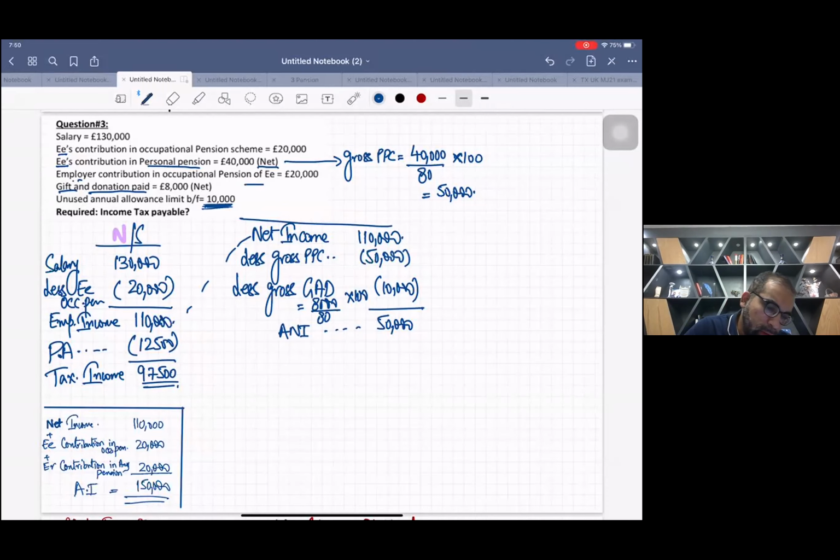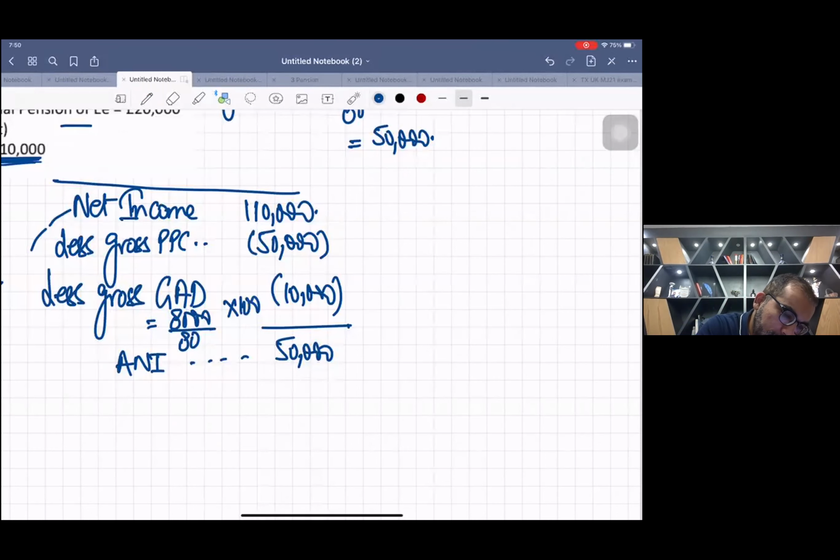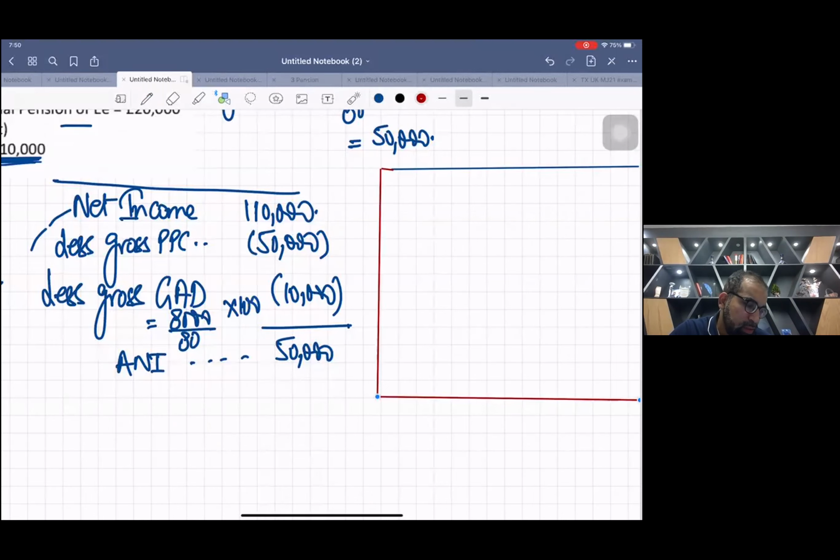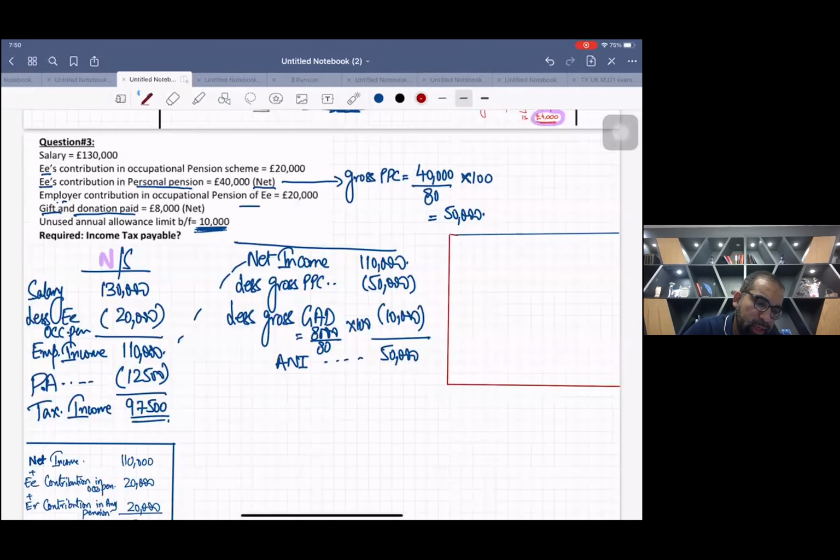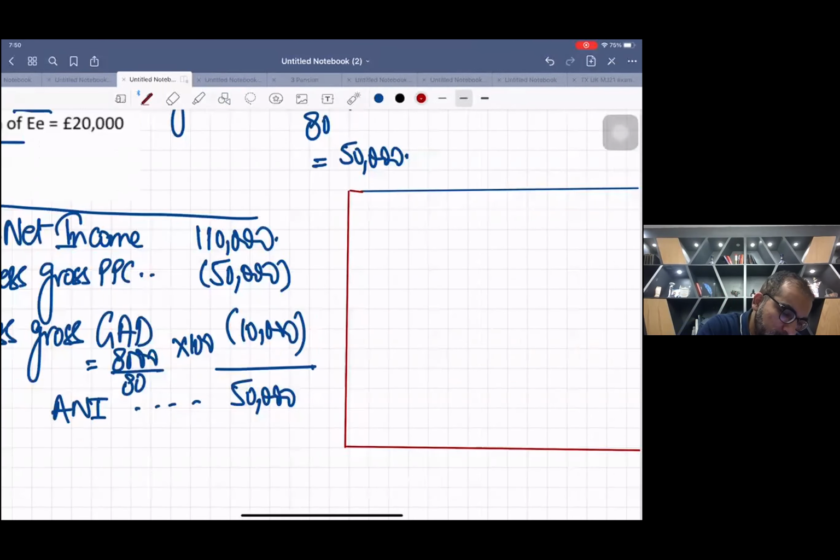Now, what about the return working? Let me show you the return working. See this. How many reliefs overall did we get in this question? Let me count. First of all, employee contribution in occupational pension.